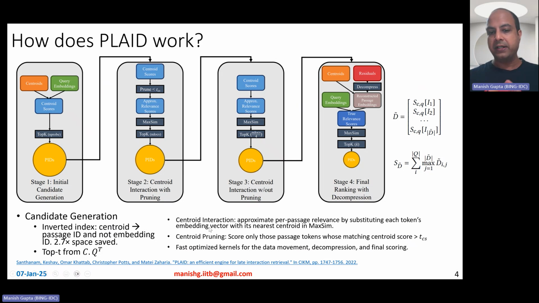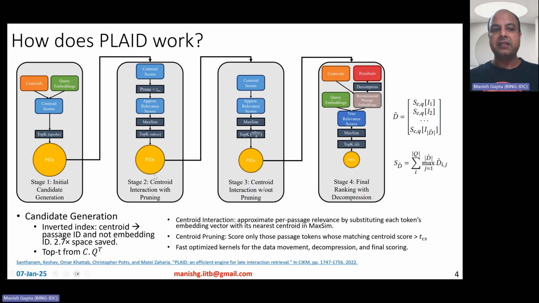That's called centroid interaction. Approximate the per passage relevance by substituting each token's embedding vector with its nearest centroid. You ignore the residual part, so you don't bother about decompression at all at this stage, right? And also, for every passage token there's a nearest centroid, and if that centroid has a similarity score with the query tokens less than TCS, you ignore those centroids anyway.